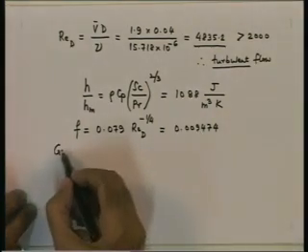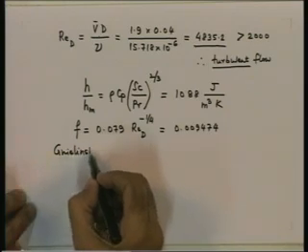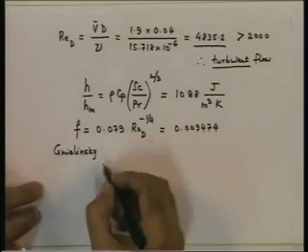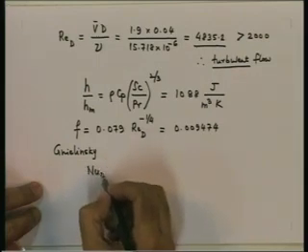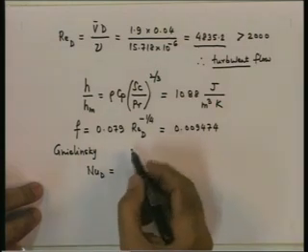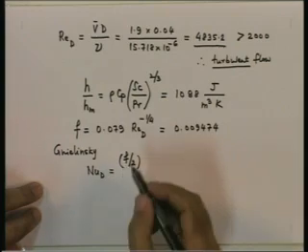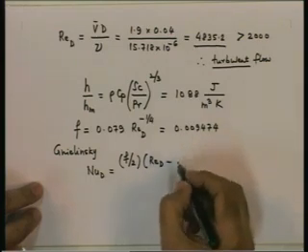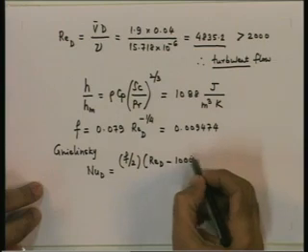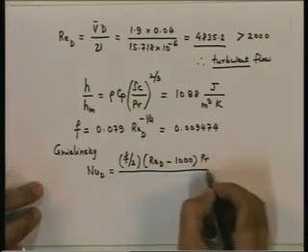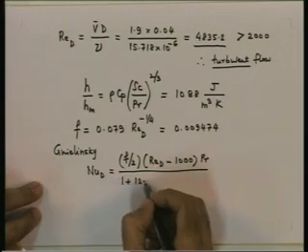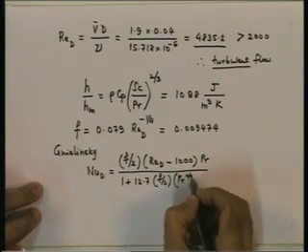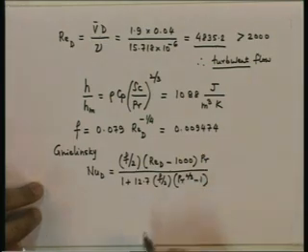Now we use the Nielinski correlation. In fact, the friction factor here is determined only to substitute in the Nielinski correlation, gives us the Nusselt number based on the diameter in fully developed flow to be f by 2 into Red minus 1000 into Prandtl number divided by 1 plus 12.7 root f by 2 into Prandtl number raised to 2 by 3 minus 1.